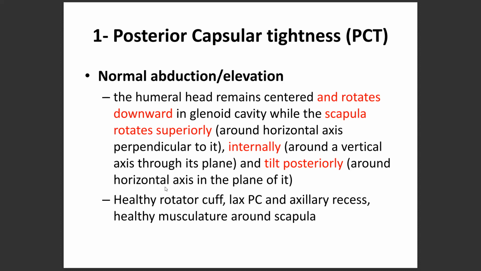So it rotates downward in the glenoid cavity while the scapula rotates superiorly around the horizontal axis perpendicular to it, internally, around a vertical axis, and tilts posteriorly. The healthy rotator cuff, the PC, and the axillary recess, healthy musculature around the scapula, would be present in the normal abduction and elevation.